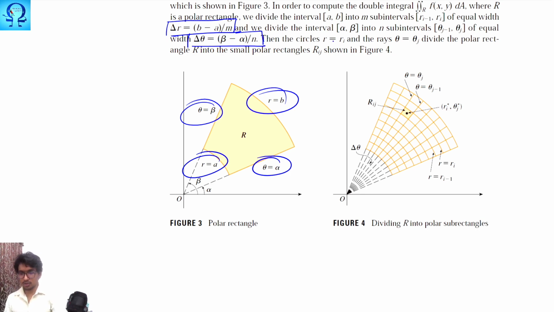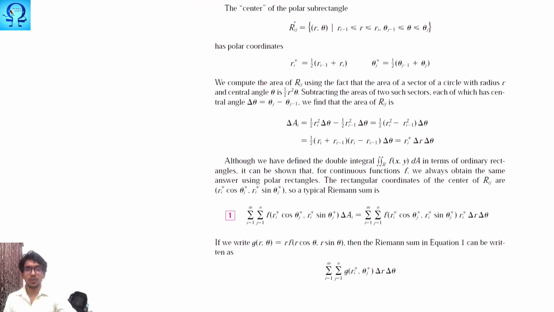With this we can write the smaller polar rectangle in this form, and the center is the arithmetic mean of the two endpoints, that is (r_{i-1} plus r_i) upon 2. This is going to be the r coordinate, and similarly for the theta coordinate. How are we going to write down the area of this rectangle?